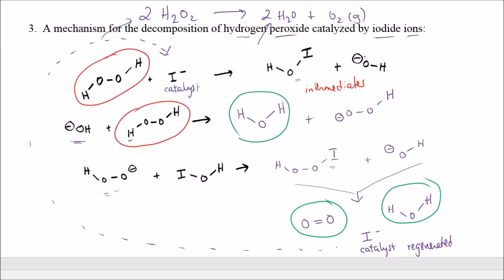All the other molecules are intermediates that get used in future reactions. This OH gets used here. This HOI gets used here. This OOH gets used here. This OH reacts to form products.